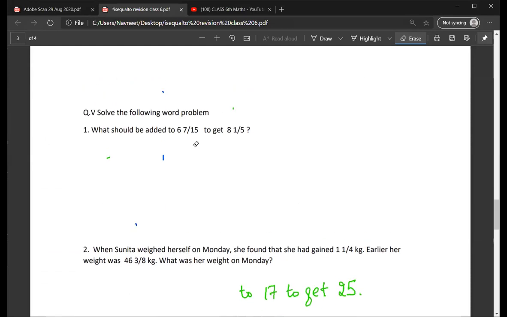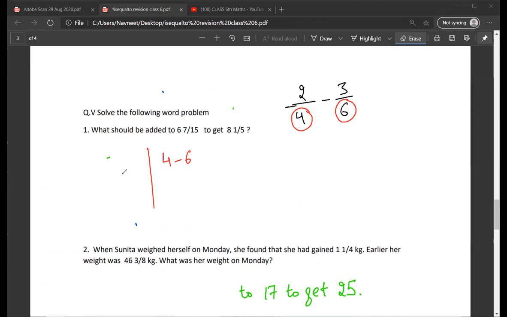I'll do another example of addition and subtraction. For example, 2 by 4 minus 3 by 6. So first I'll have to find the LCM of the denominators. Mr. Satya, have you understood? Yes. So what will be the LCM?